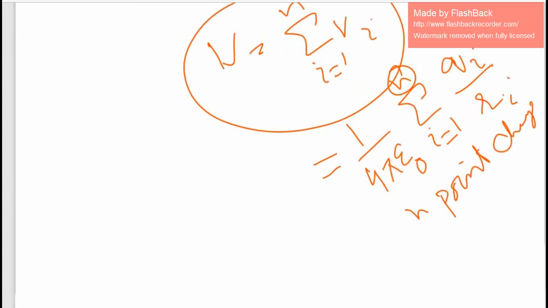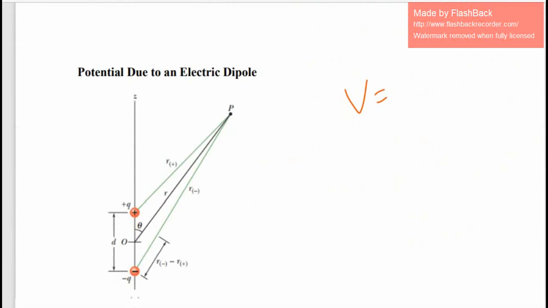So if we use this equation, and now I am talking about the dipole. Here is a dipole. We are dealing with more than one charge. So we use this equation again, with i equal to 1 to 2.